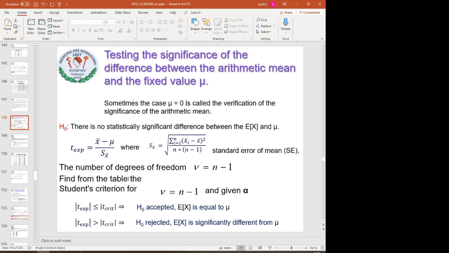And if we have a big difference and small error, for example, then we conclude that our hypothesis can be rejected and our sample is something unusual. Its mean value is statistically different from the fixed value.